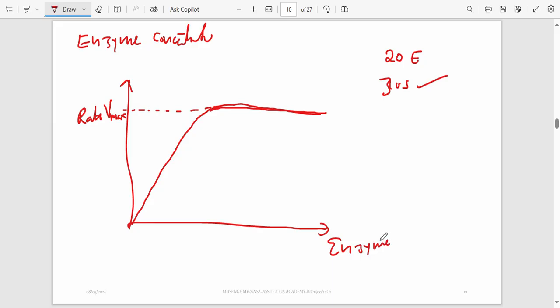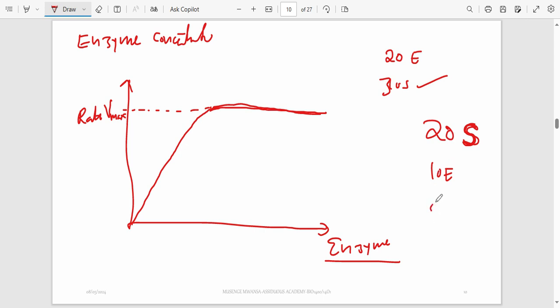Okay. So when you increase the number of enzymes, let's say you had 20 substrates, and you first had 10 enzymes. When you increase the number of enzymes, the rate of the reaction will become faster.